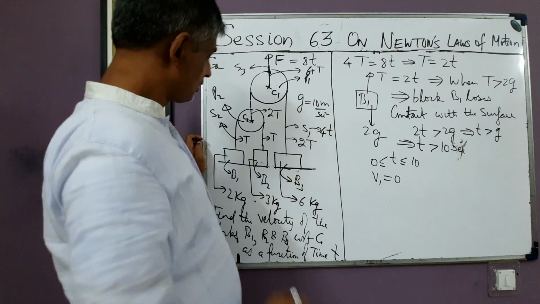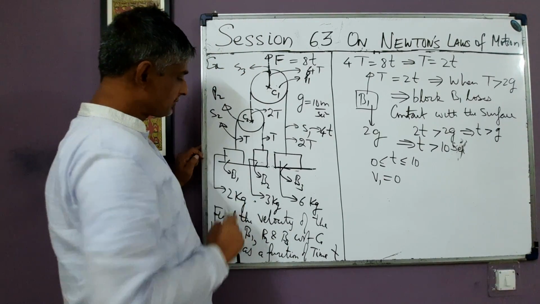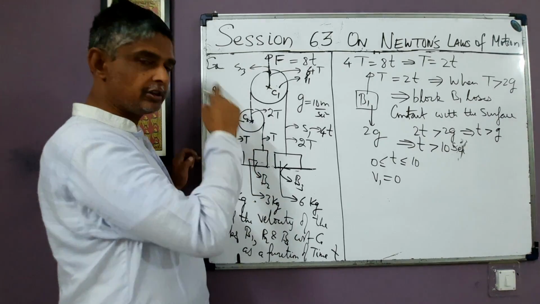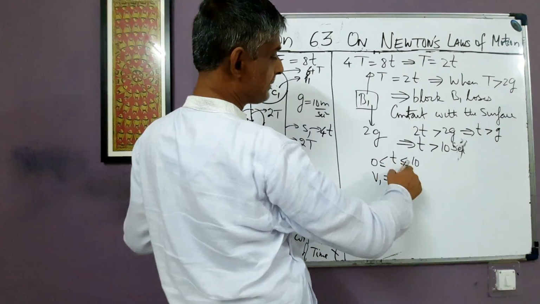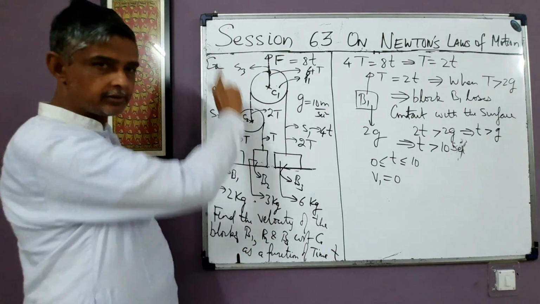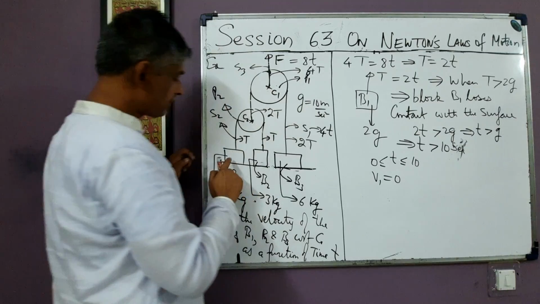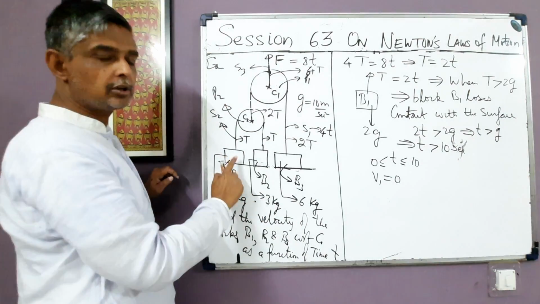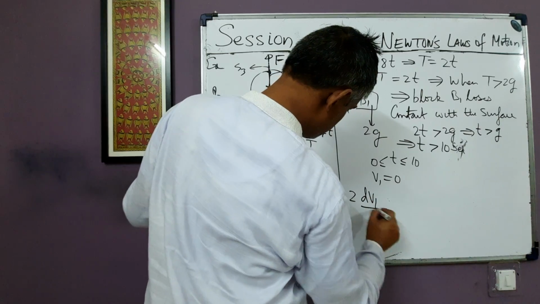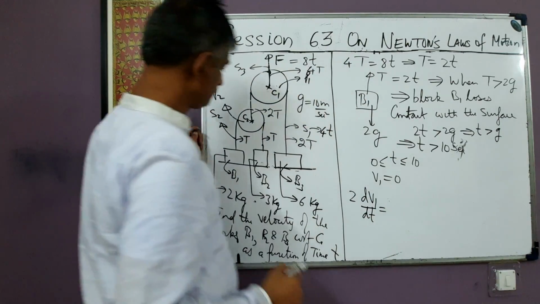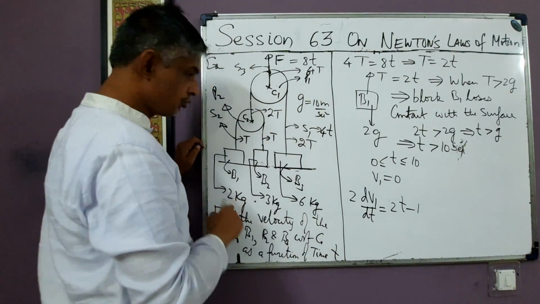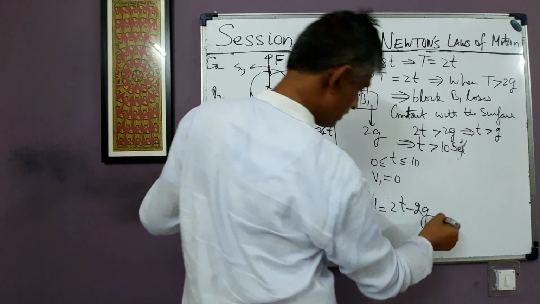Okay. So now I apply Newton's second law to block B1 in upward direction after the time t more than 10. Then it begins to accelerate up. So apply Newton's second law to block B1 with respect to ground in upward direction. Alright. So 2 dv1 by dt is equal to T, which is simply 2t, minus 2g. g is simply 10.